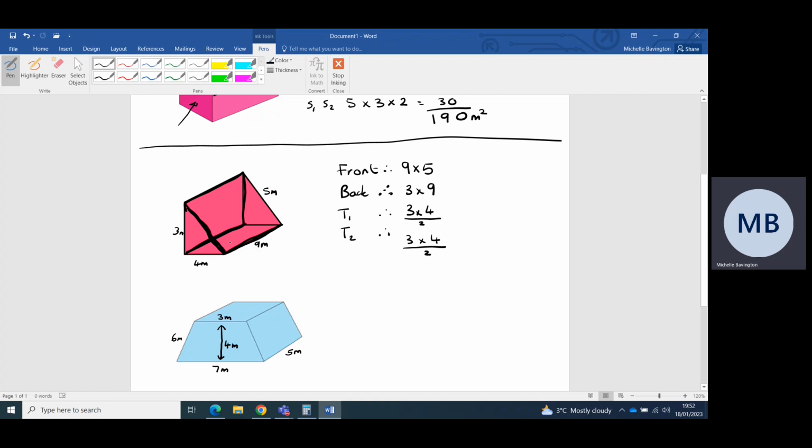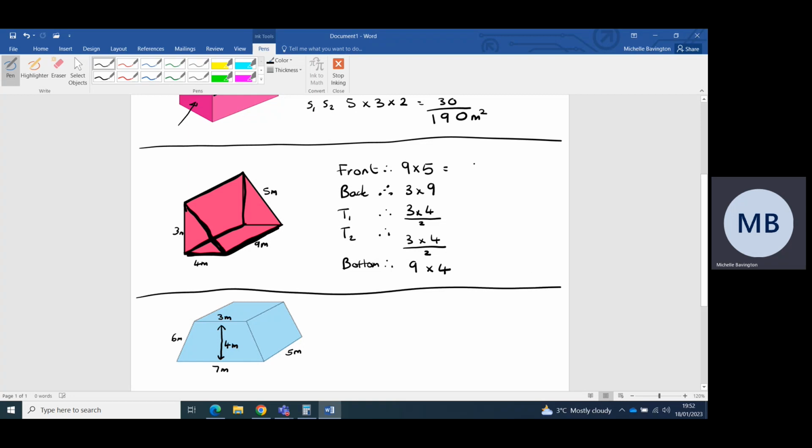And then my bottom is 9 by 4. 9 times 4. And that will give me the surface area of the whole shape.